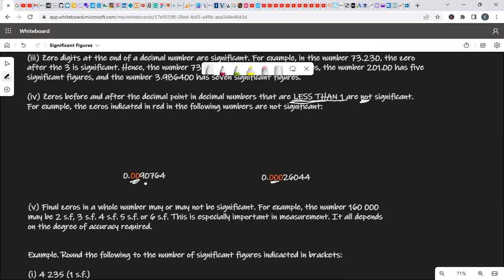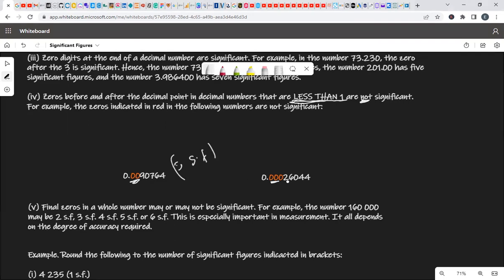So in this number, how many significant figures do we have here? 1, 2, 3. Look at this 0 in between is significant, but these are not, because this one is in between non-zero digits, so it is significant. So this number has how many significant digits? 1, 2, 3, 4, 5. These are 5 significant figures.